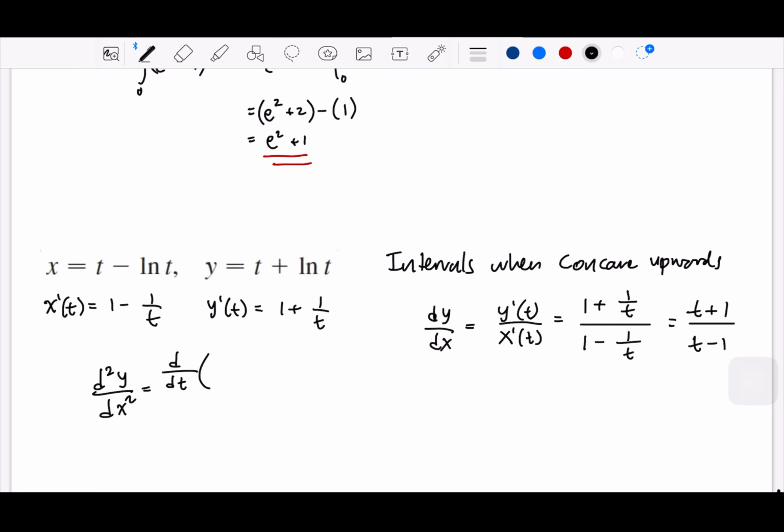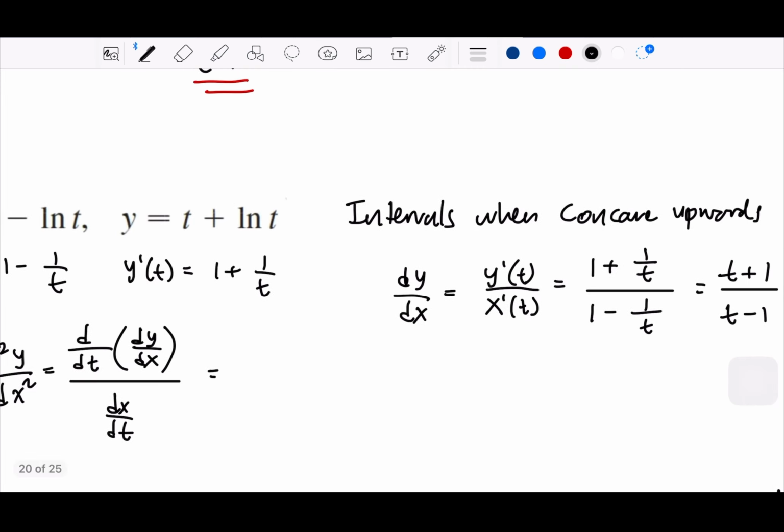Remember, we are going to use this formulation. So we first differentiate dy/dx, using the quotient rule directly. So this will be over t minus 1 squared, and then t minus 1 minus t plus 1, right?